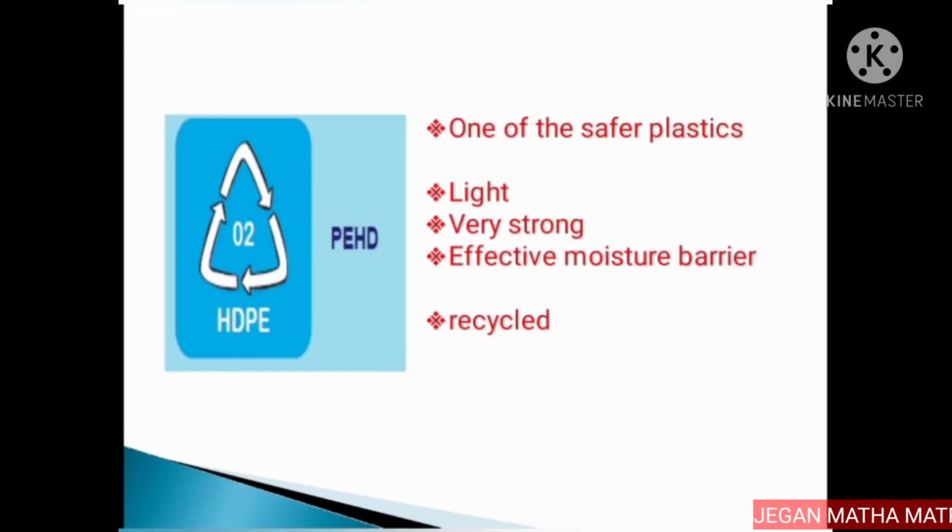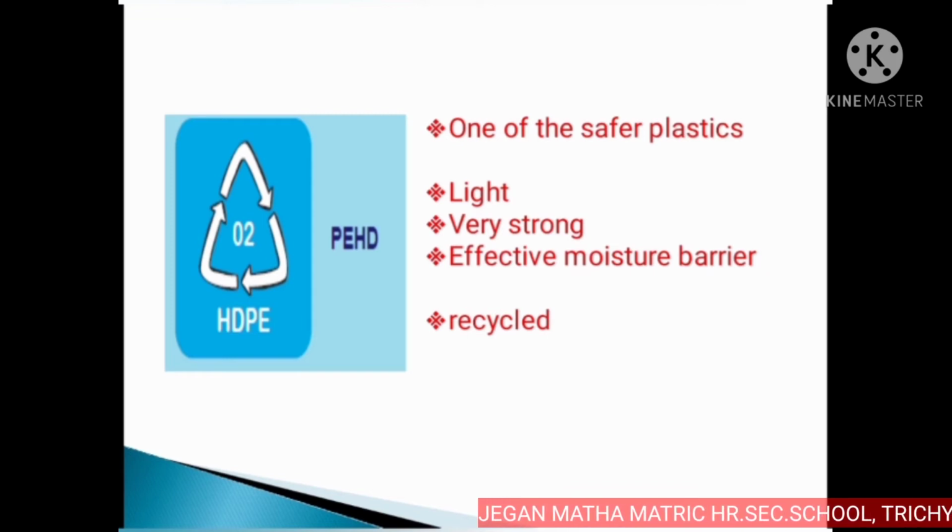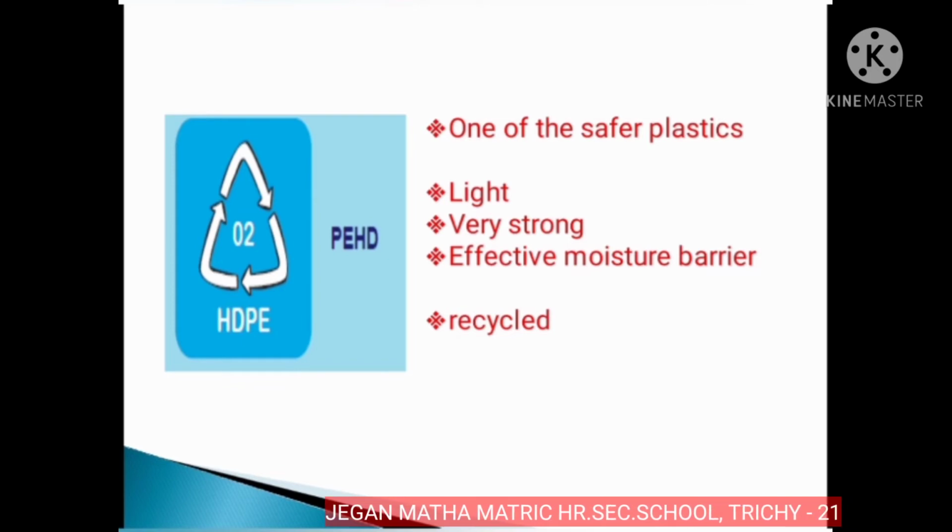Next is resin code 2. The other name of this plastic is PEHD. Common items: this type of plastic is used in cement, rice, or cow food sacks, then rope, fishing nets, shade nets, bulletproof material vests, then fiber reinforced concrete.